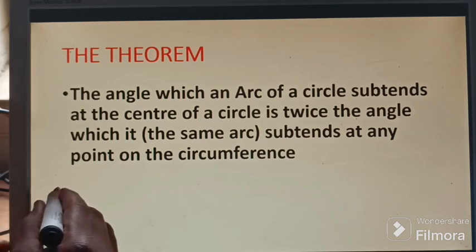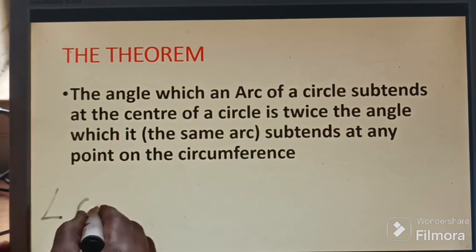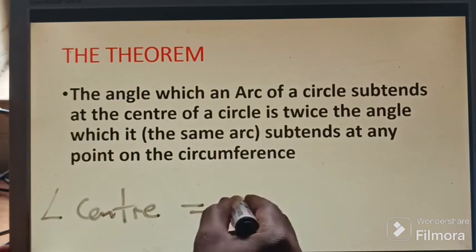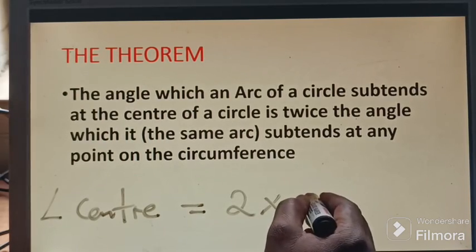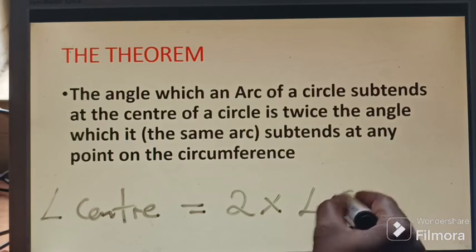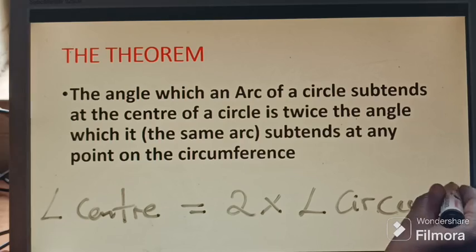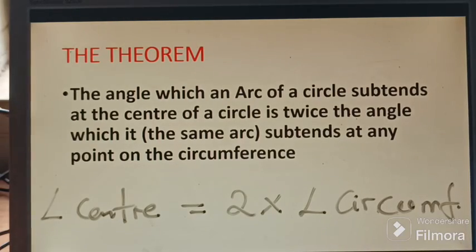So angle at the center is equal to 2 times angle at the circumference. So basically, this is what the theorem is saying.